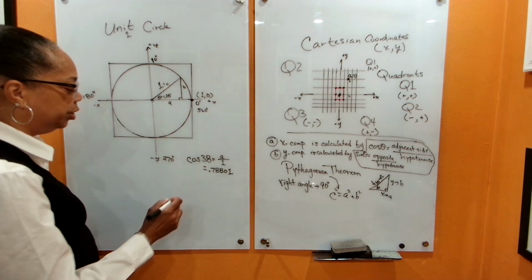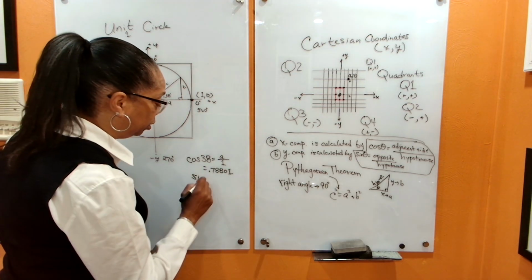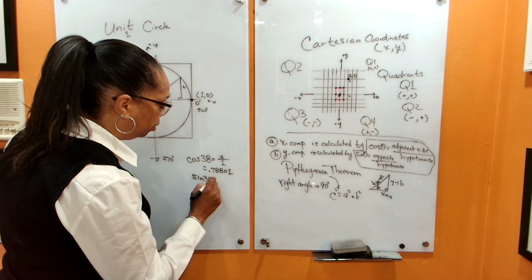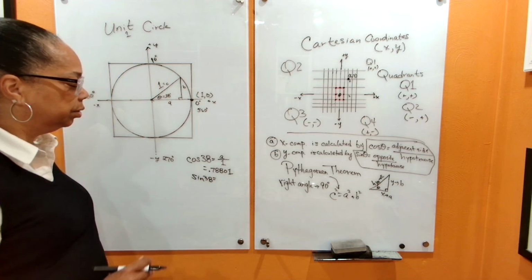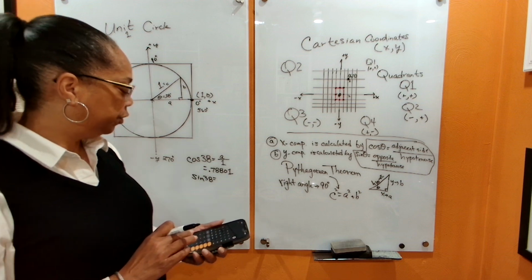What we're going to end up with is something close to 1, but not more than 1, because we rounded off.